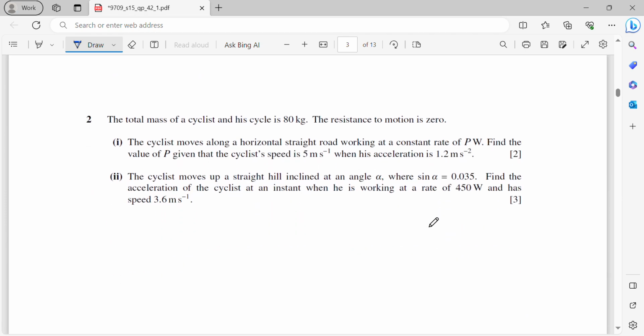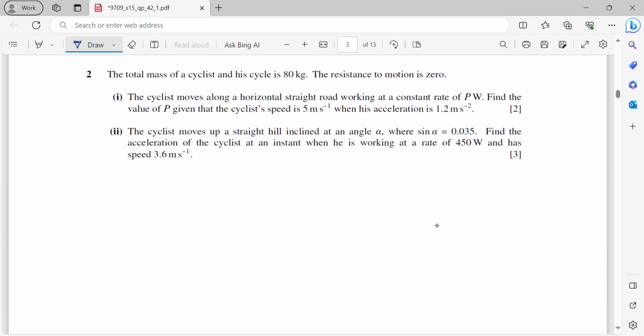Now for question number 2. The total mass of a cyclist and his cycle is 80 kilograms. The resistance to motion is 0. First part, the cyclist moves along a horizontal straight line working at a constant rate of p watt. Watts is a unit for power, so p is a power.